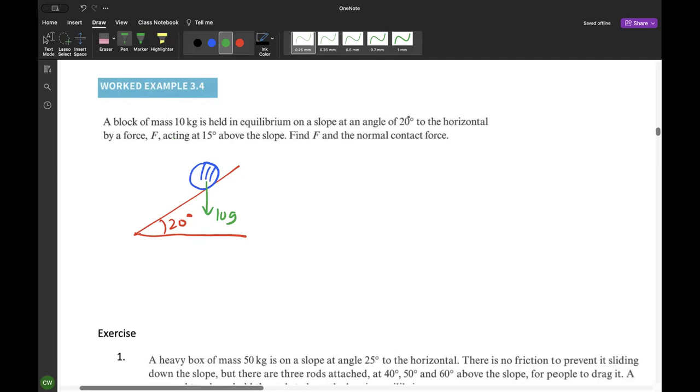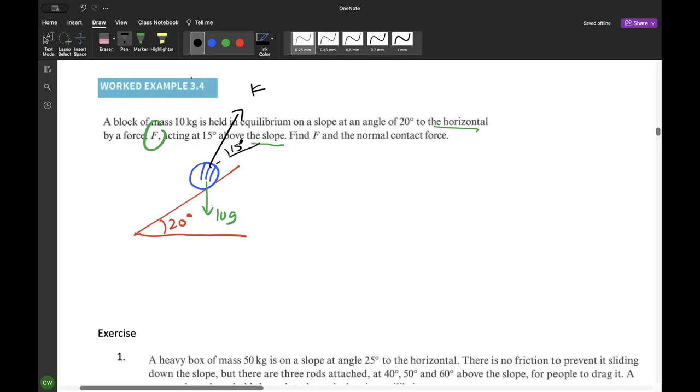Force acting above the slope. If you do not have the force, it will go down. So above the slope means like that. The angle 15 is here. This is the force.